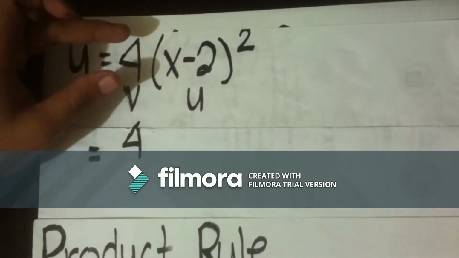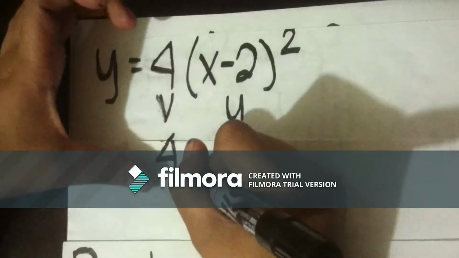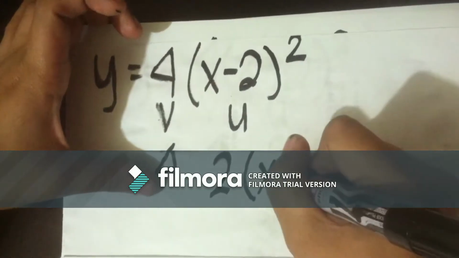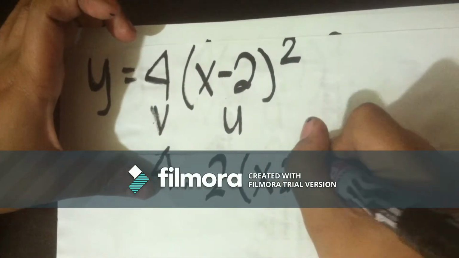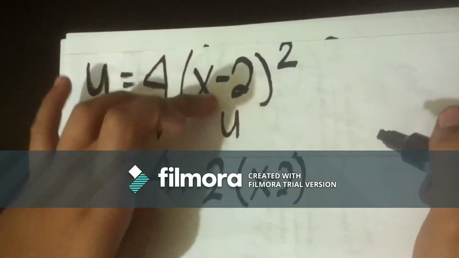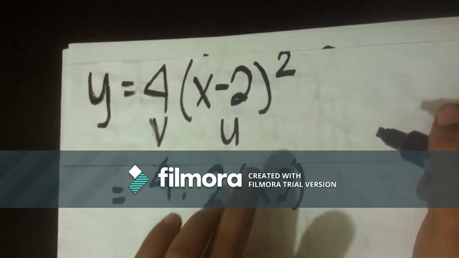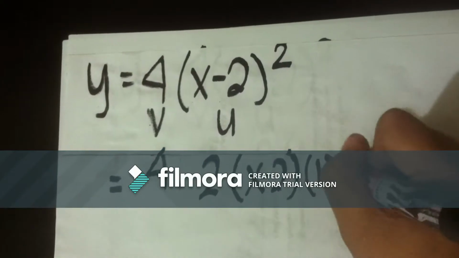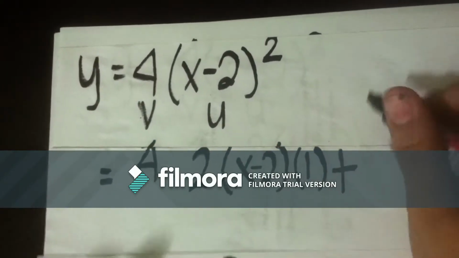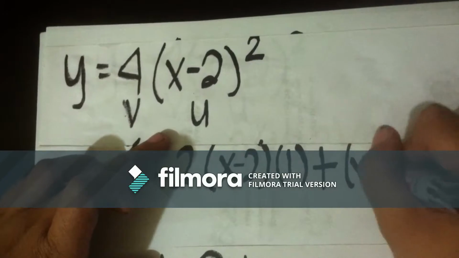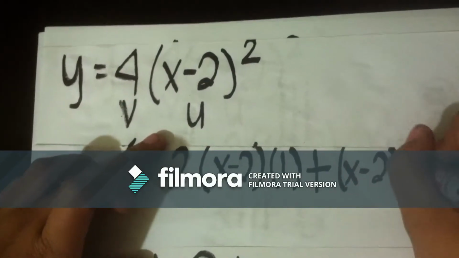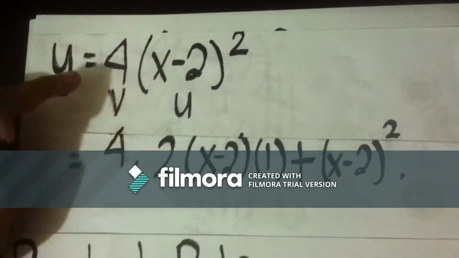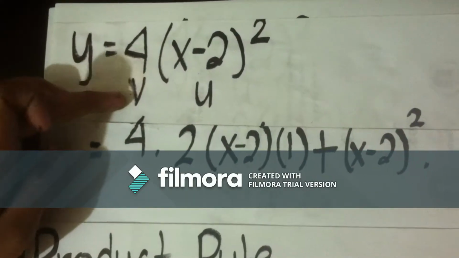In here, we are going to use the power rule, times 2(x minus 2) times the derivative of the expression inside the parenthesis, which is 1, plus u, which is (x minus 2) squared, times the derivative of v. v is the number 4.